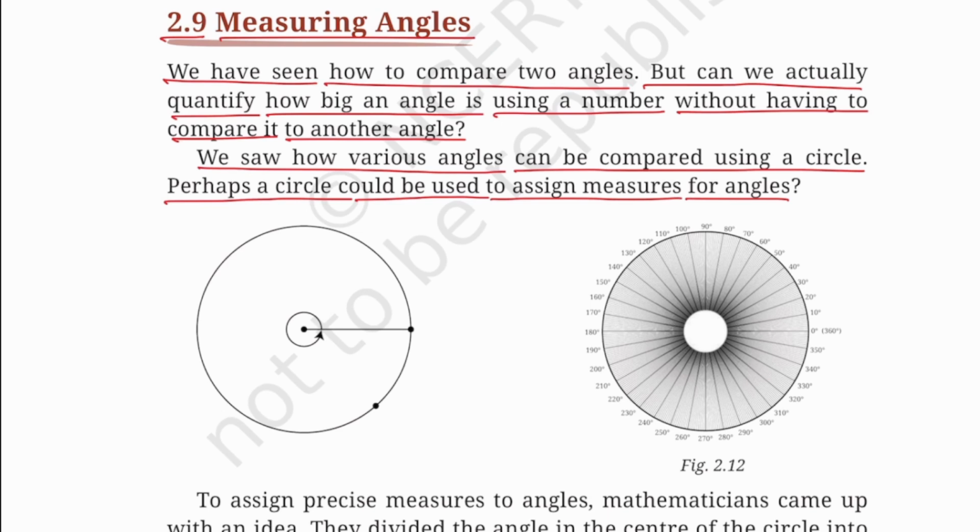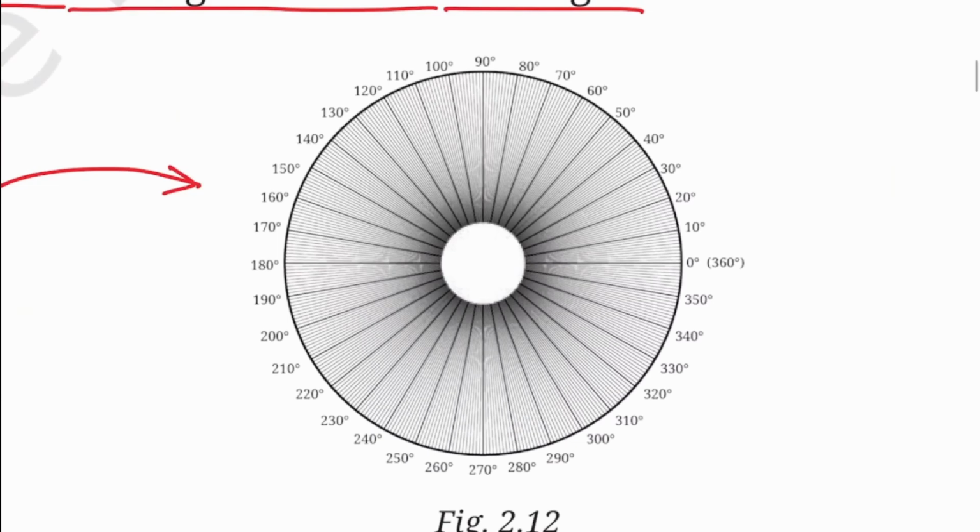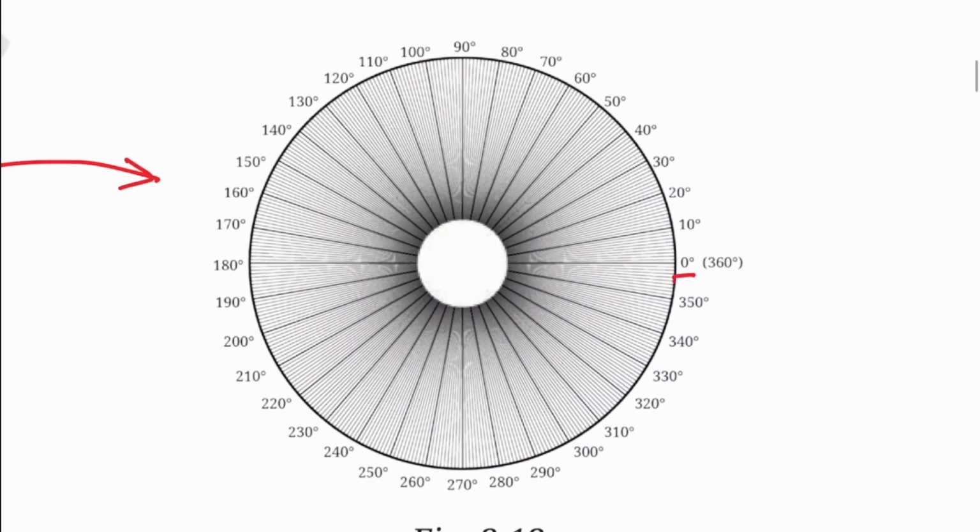You can see a circle denoting a complete angle, but in the next picture it has been split into various angles. Kindly observe here written 0 degree, here 10.